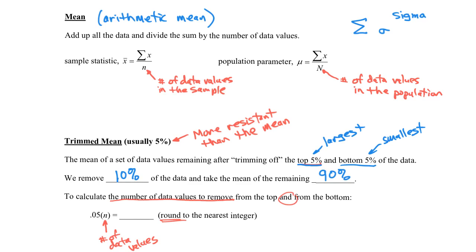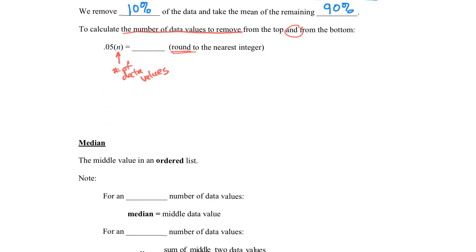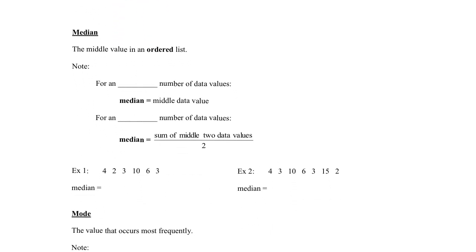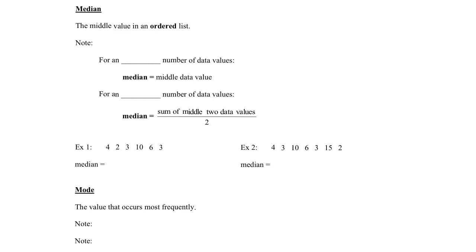Okay, let's see what else we've got here. The median. So the median is the middle value in an ordered list. Okay, here's the key. Ordered list. I underlined it and wrote it in bold because that is the number one mistake.